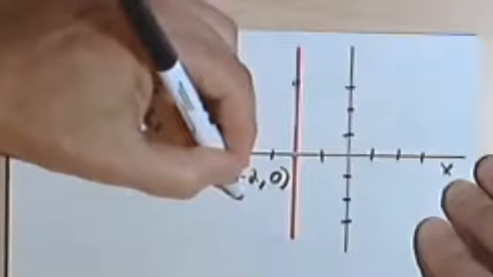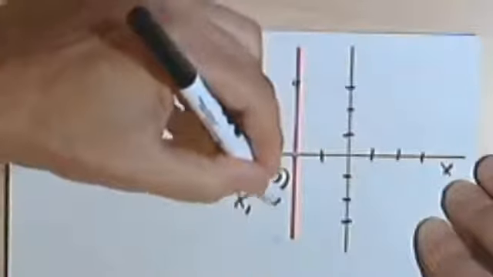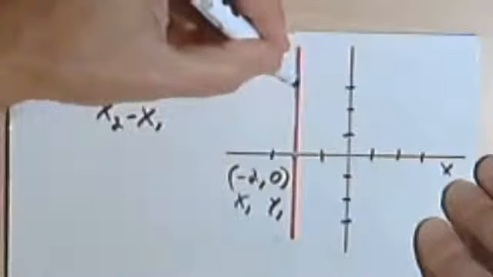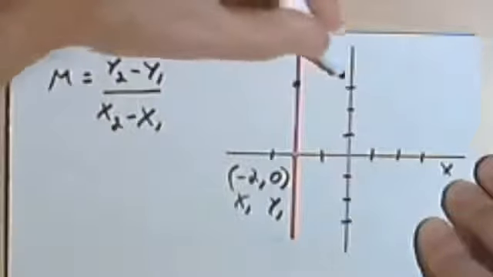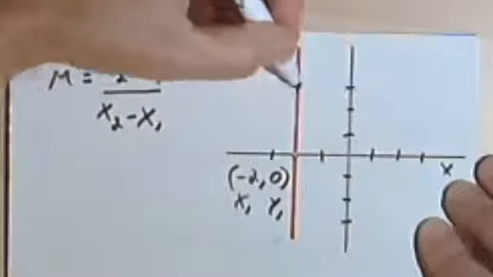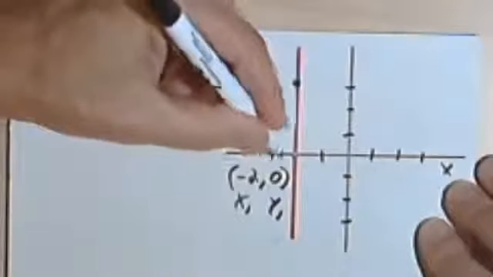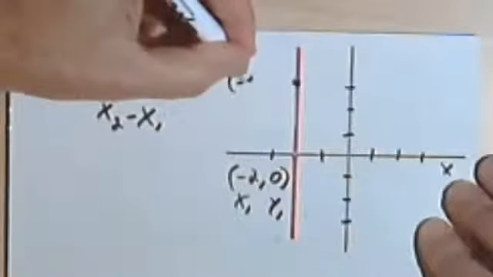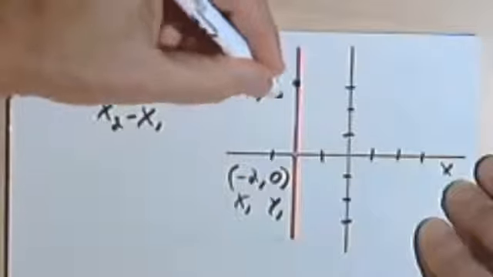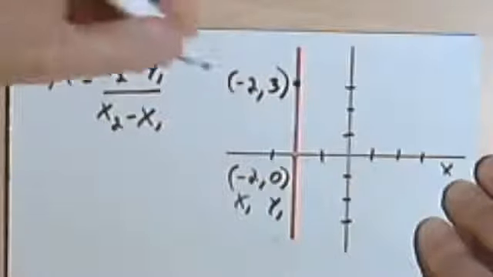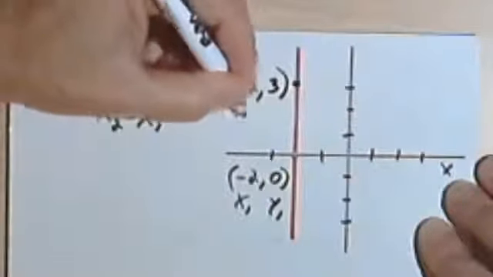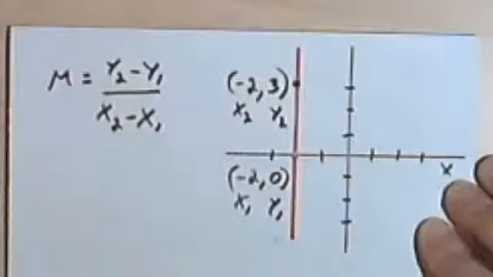I can call this x sub 1 and y sub 1. I'll take another point like here, and that looks like it's at the 3. So this point would be, I'm still at -2, so (-2, 3). And we'll call this x sub 2 and y sub 2.